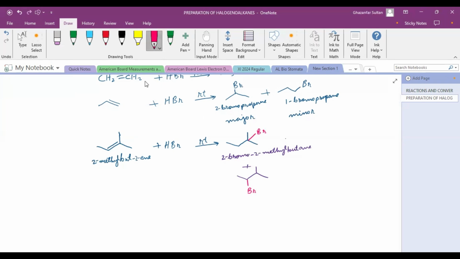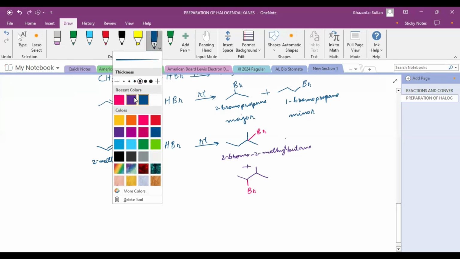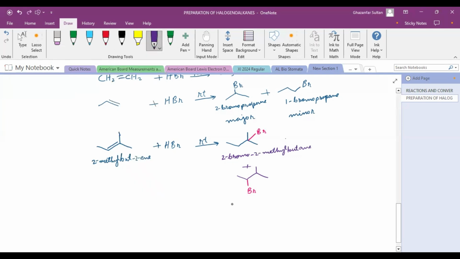So the name of the product becomes 2-bromo-3-methyl butane.